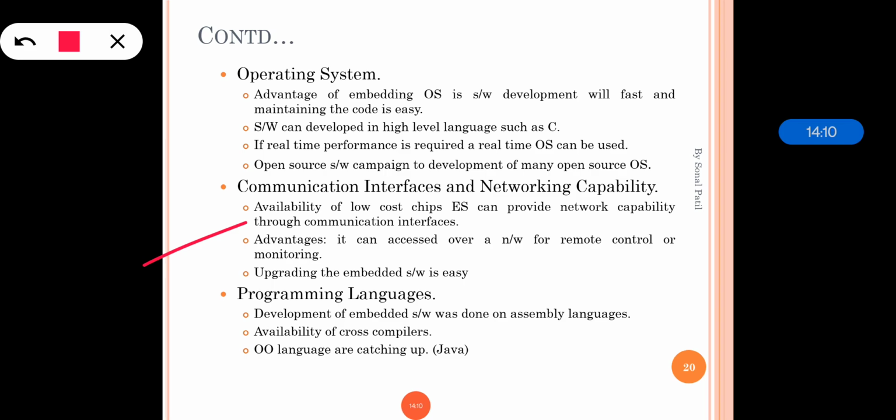With the availability of low-cost chips, embedded systems can be provided networking capability through communication interfaces. The programming languages: the development of embedded systems was done mostly in assembly languages. Due to the availability of cross compilers, most development is now done in high level languages such as C. Even now Java is also used many times.